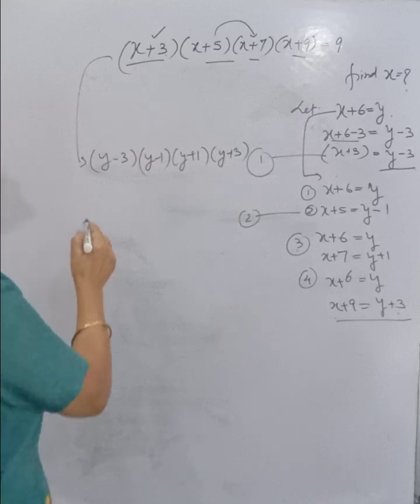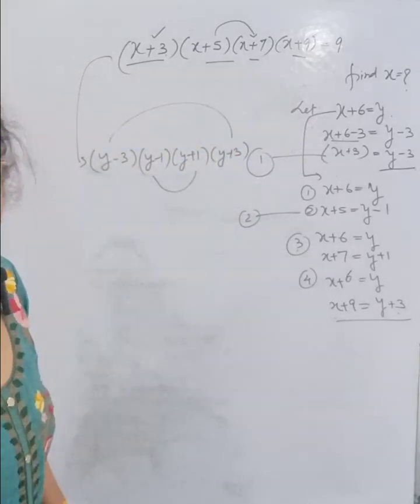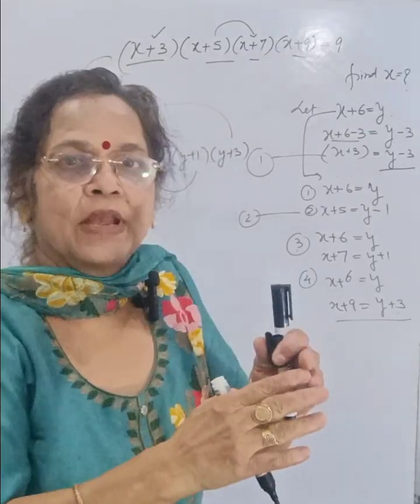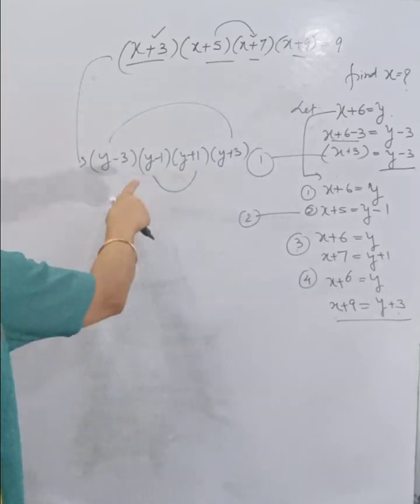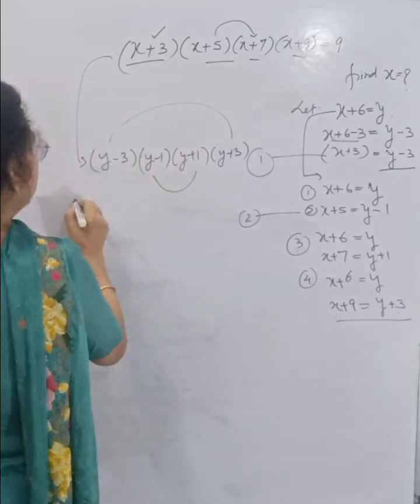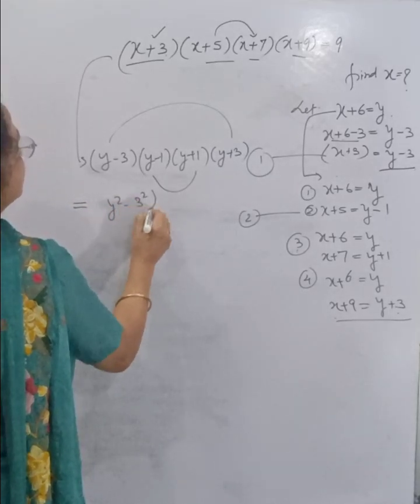Okay. Now, these two are the same and these two are the same with opposite sign. y minus 3 and y plus 3 we will take together, and y minus 1 and y plus 1 we will take together. Then we will get, as per the formula, y square minus 3 square.